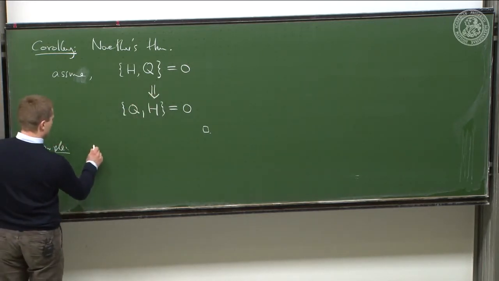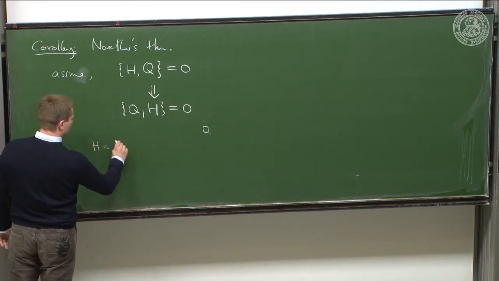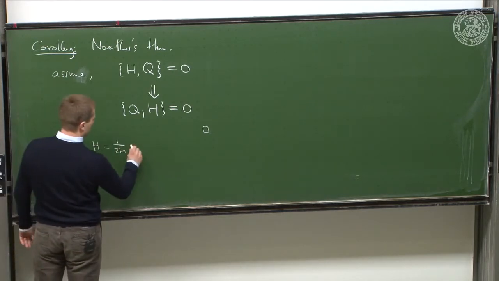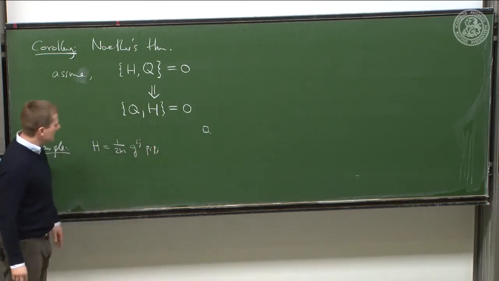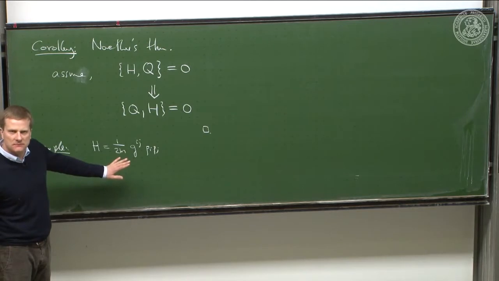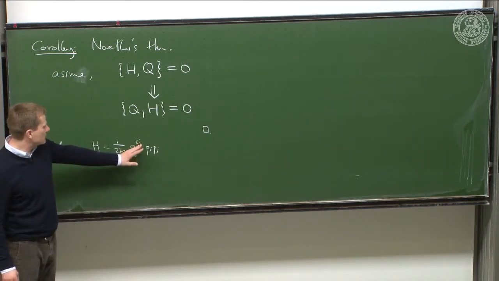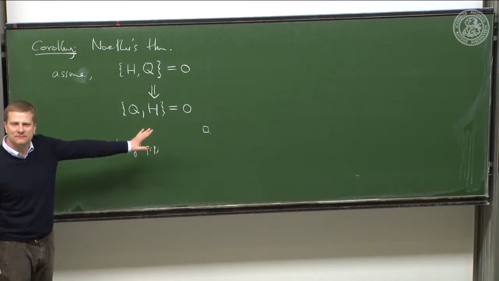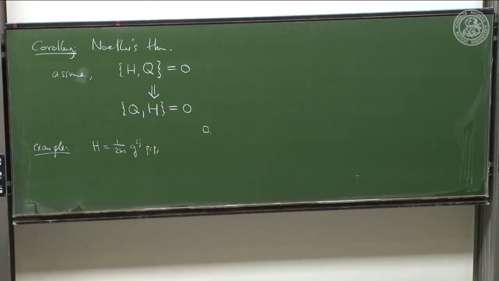Example, let's take H being 1 over 2m g^ij p_i p_j in Darboux coordinates, okay? And the g^ij in those coordinates is also constant throughout the Darboux chart, so it's just the standard inner product.